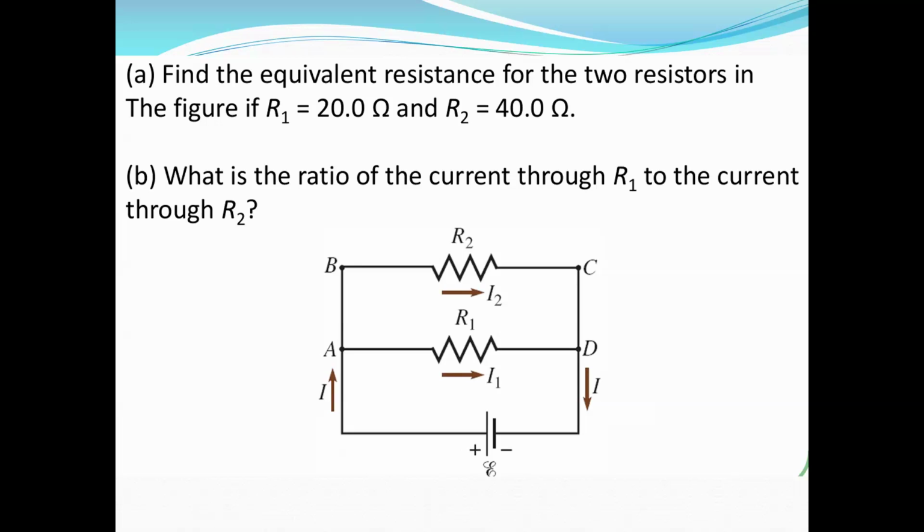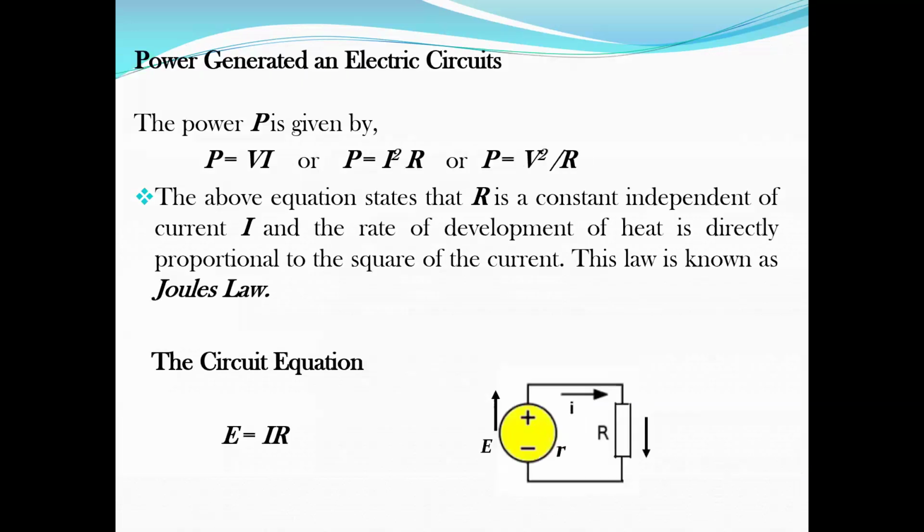So we can find 1 over R equals 1 over R1 plus 1 over R2 as the resultant resistance of the system, right? And the question is asking what is the power generated here. Then we can find the equation P is equal to VI, or P is equal to I squared R, or P is V squared over R.